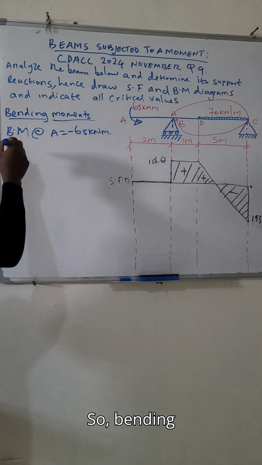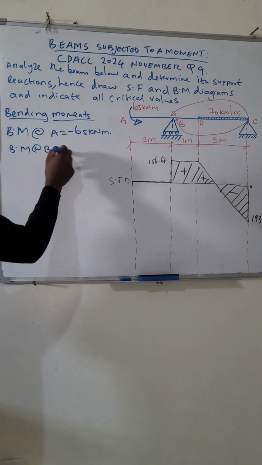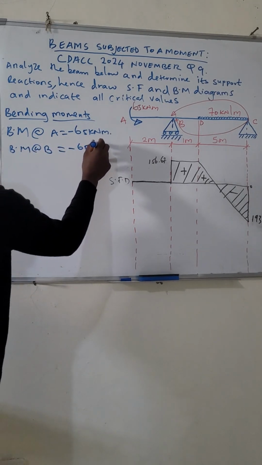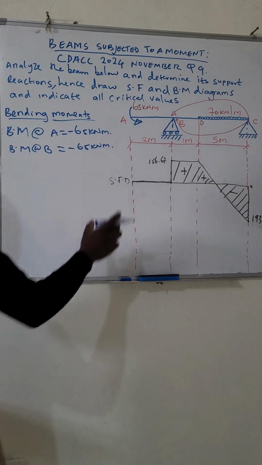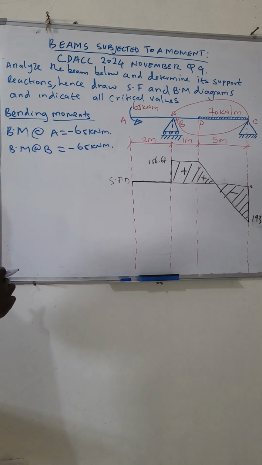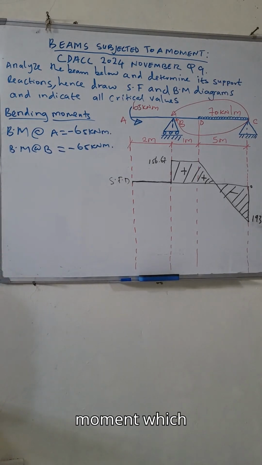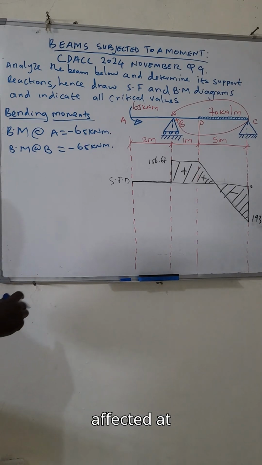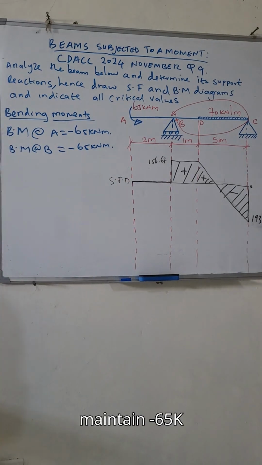So bending moment at B will also be minus 65 kilonewton meter, because this moment, which is moving in anti-clockwise direction, has affected both point A and B. So at B, it will maintain minus 65 kilonewton meter.